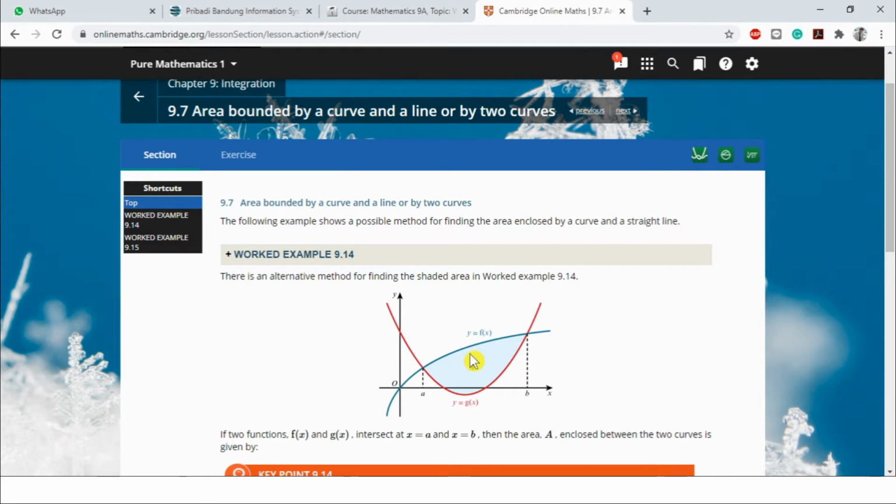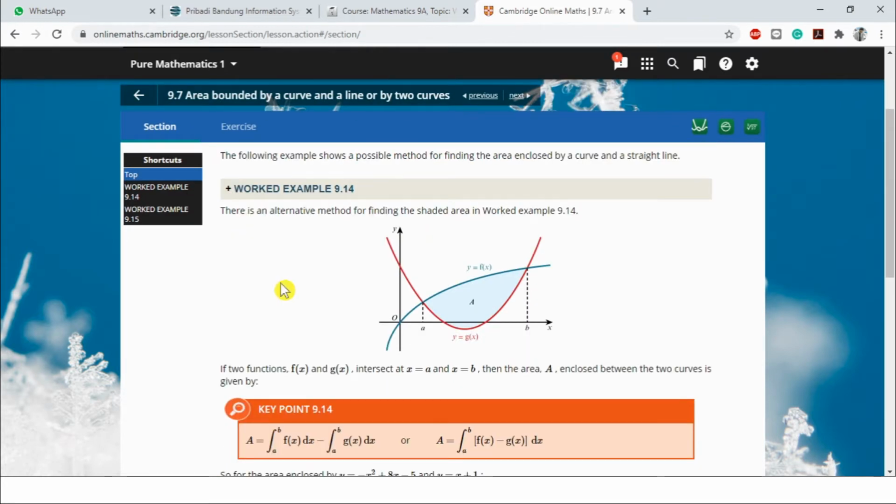So what we are going to do, let's see, this one, the example 9.14. The shaded region A here is bound by the blue curve and the red curve, right?